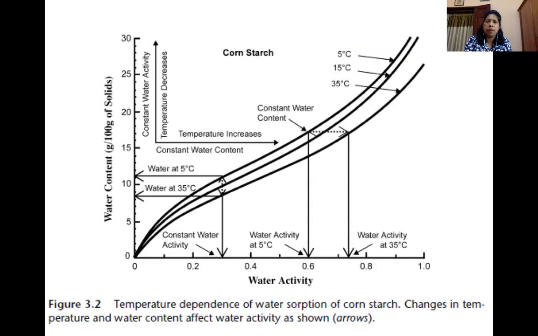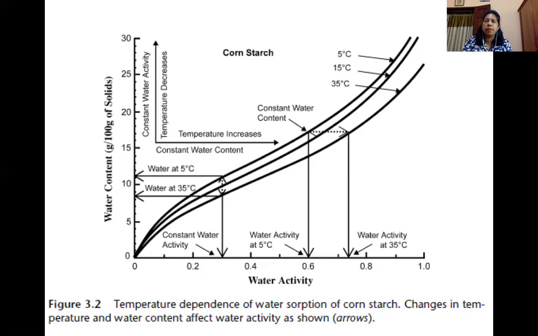Now you can see this picture. It shows 5 degrees, 15 degrees, 35 degrees. Now you can see, in the same level where the water content is the same, but when you are increasing the temperature, constant water content is there.